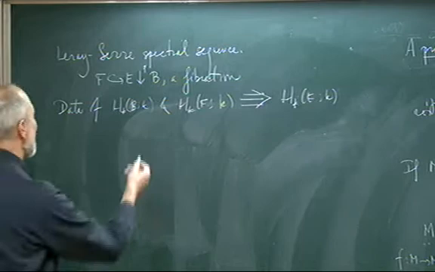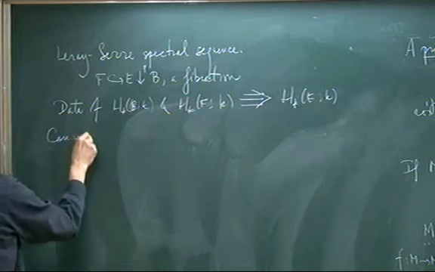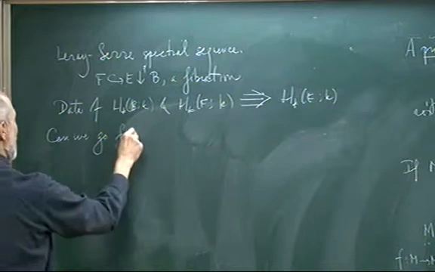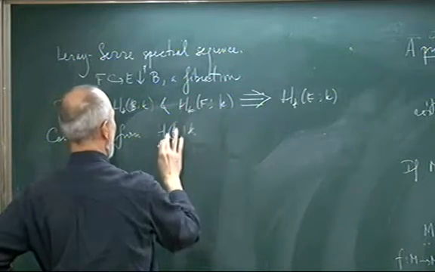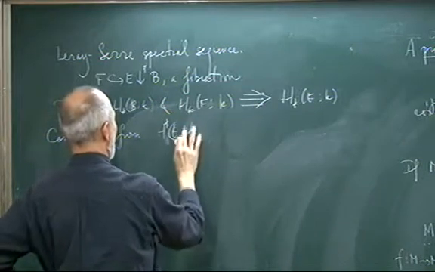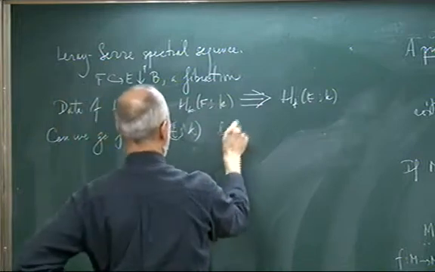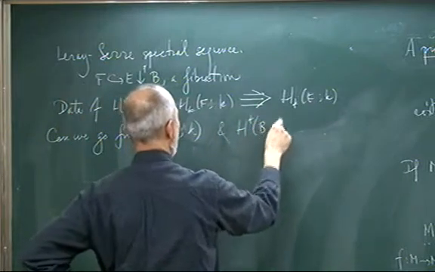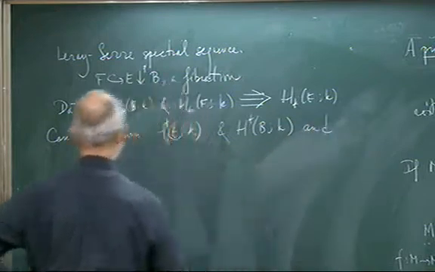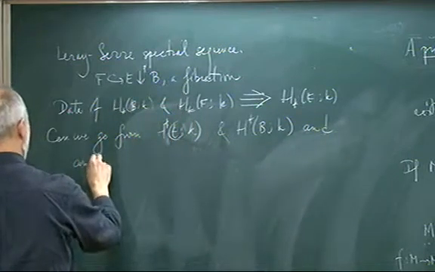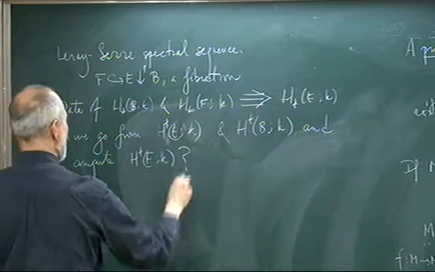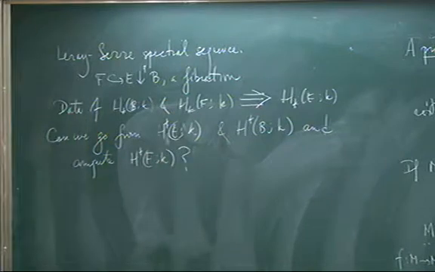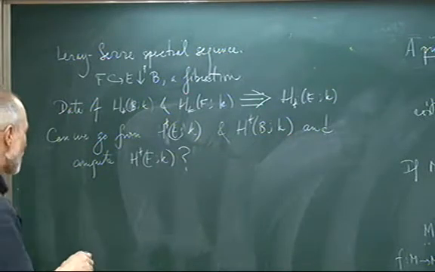So for example, can we go from H star of E, I think I'll change to cohomology here, H star of E and H star of B, and compute H star of F? The examples that I have for this are somewhat important and interesting.